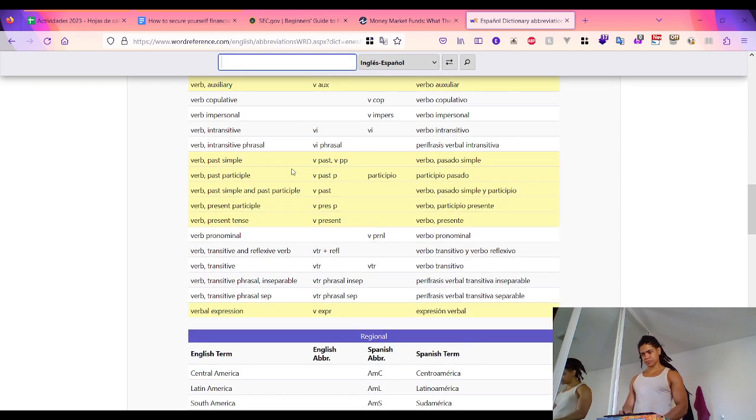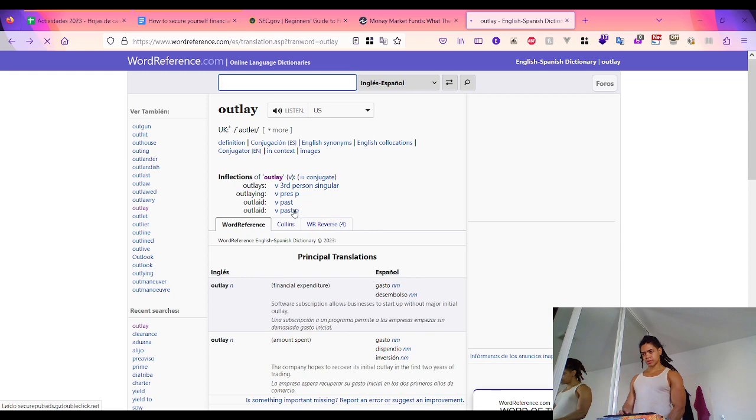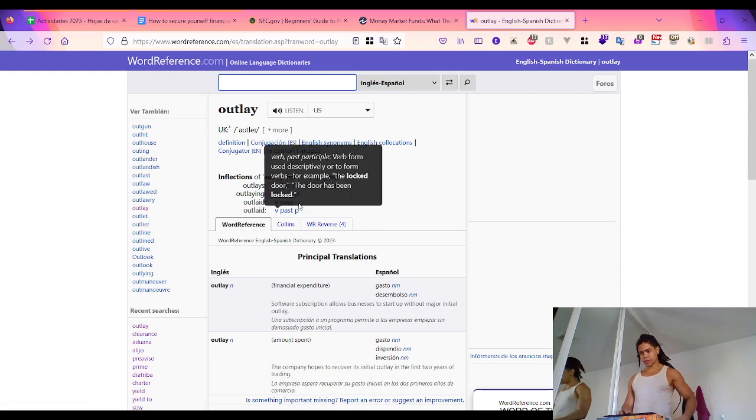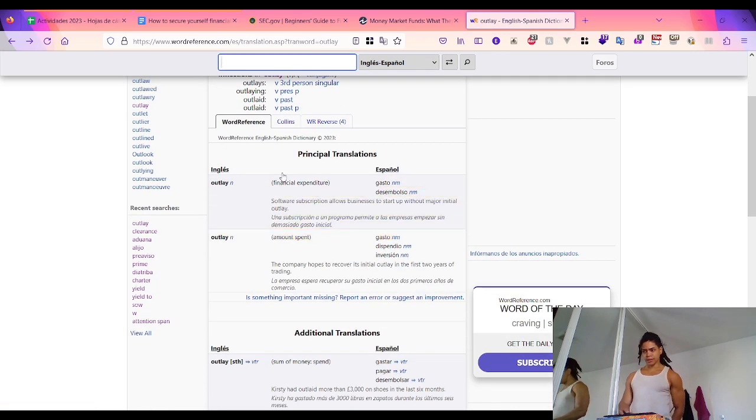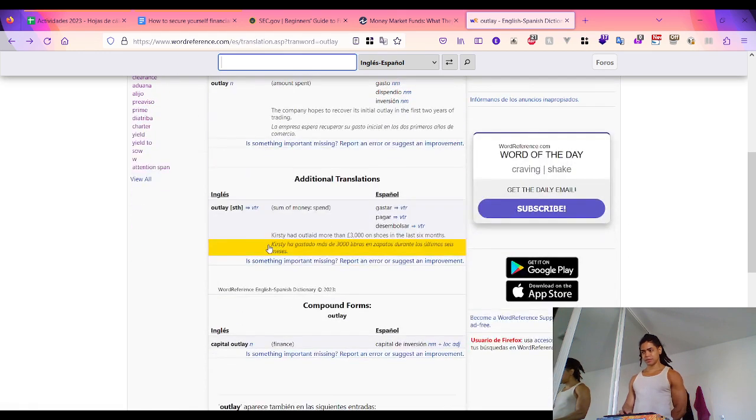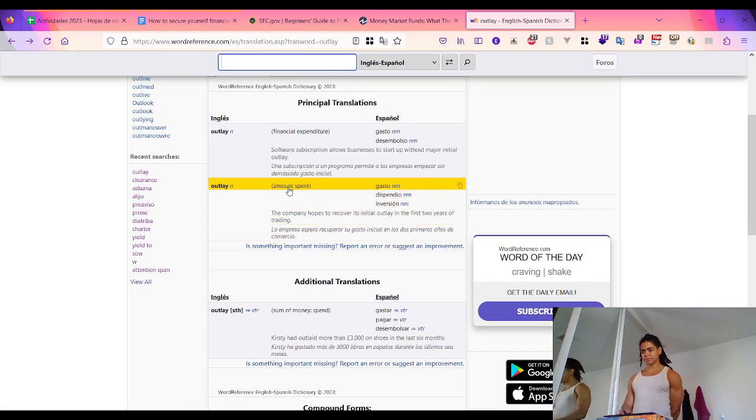Verbal expression. Yeah, it's a verb. Outlay, in financial expenditures. An outlay, amount spent. How much you outlay?